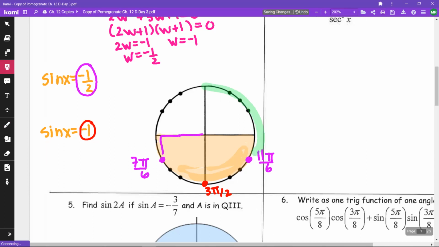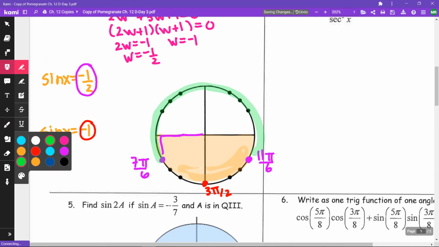This right here, all the way to here, is a much longer distance. So that's not going to be the same distance as here to here or here to here. So I am not going to be able to write them in terms of one of them.